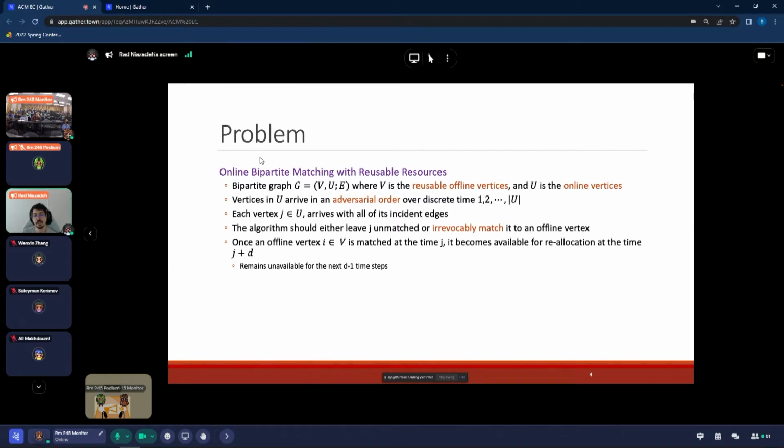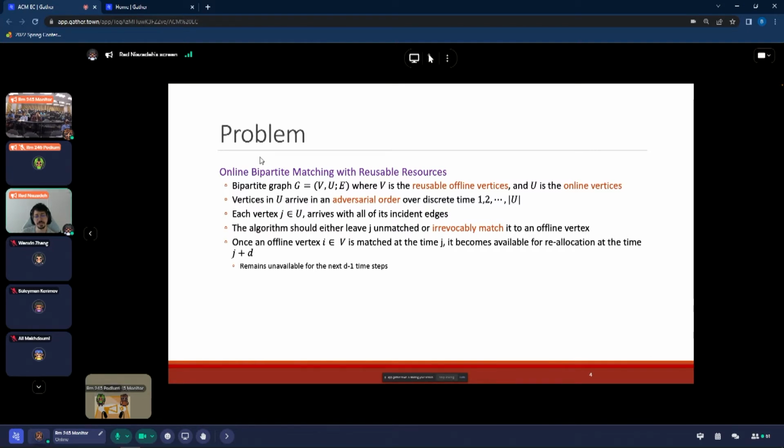In our work, we however study a generalization of that problem, and we study online bipartite matching with reusable resources. Like the non-reusable case, the input in our problem is a graph G with two parts V and U. The vertices in U are online vertices, and they arrive in an adversarial order, one at a time. However, the vertices in V are offline vertices, and they are also reusable.